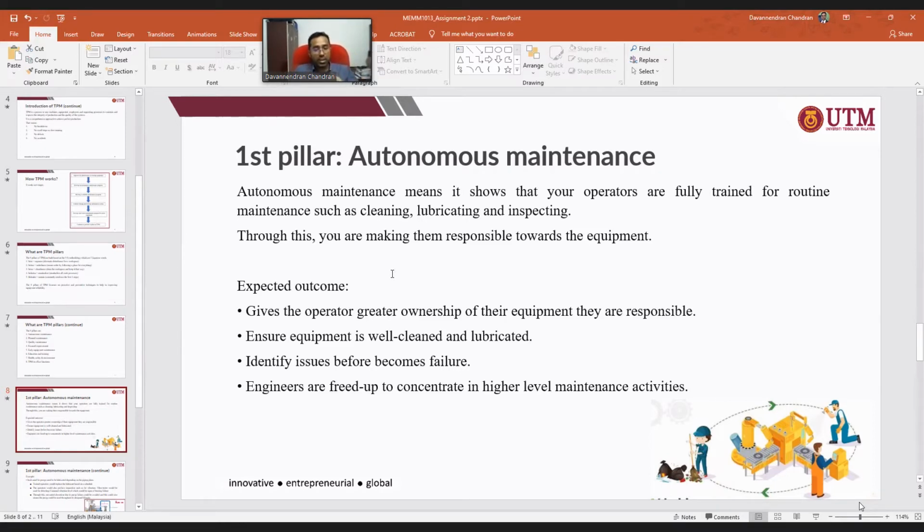Thirdly, since they are doing this cleaning, lubricating, and inspecting process, they would also be able to identify any unusual sounds or vibrations. This would help to identify problems before the equipment breaks down or fails, right? And when you do this autonomous maintenance, it also frees up the engineers to concentrate on higher level maintenance activities.